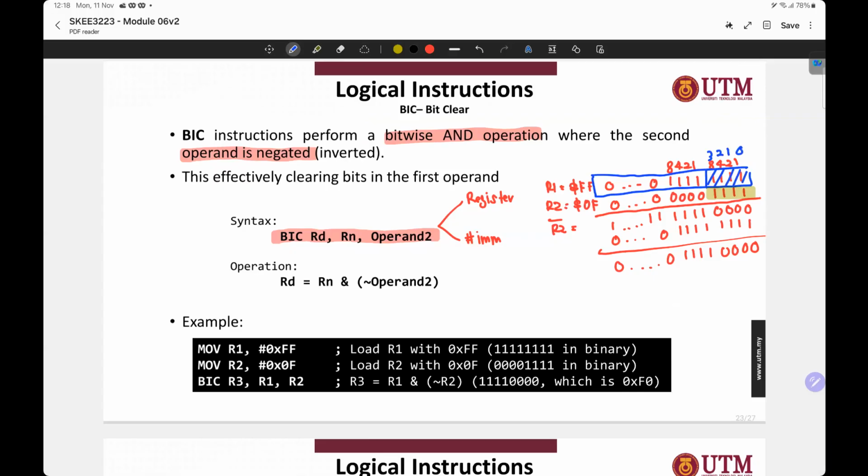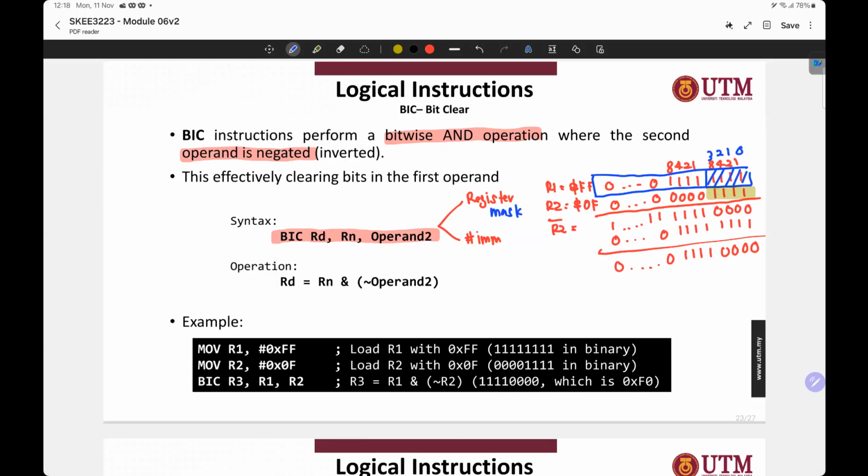So now what you need to do here is come up with an R2, which is your mask. We call it a mask register. So just put 1 to the bits that you are going to clear. The rest of the bits you give 0.